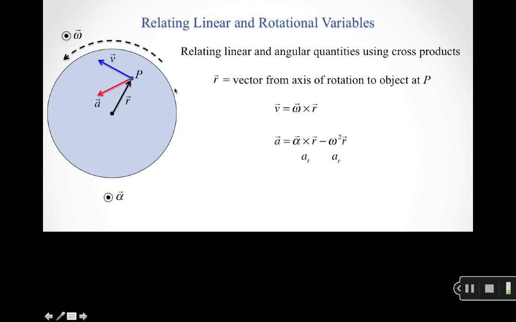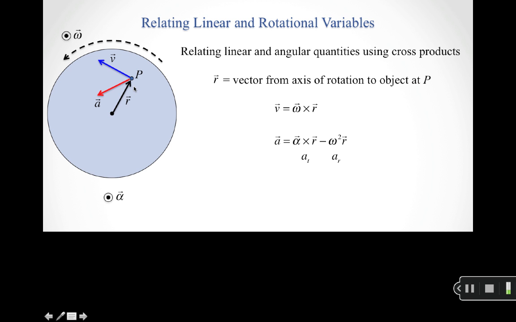Now, in a slightly more sophisticated way, we can come back and talk about the vector r as a vector that points from the axis of rotation to our object out at point P. So we'll talk about r, this position vector that runs from the axis to our object at some point. We'll talk about this as we go through multiple of our rotational variables.